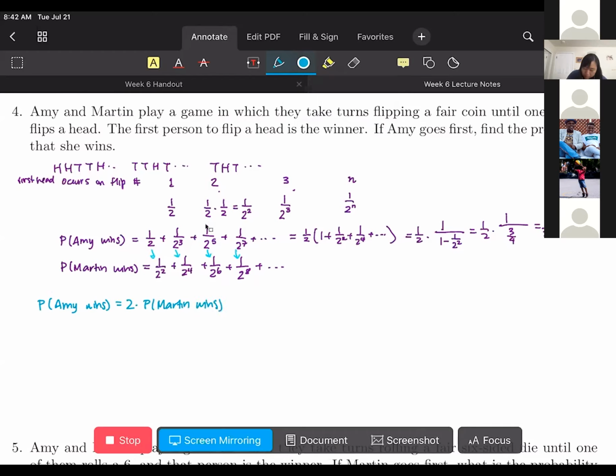Because if we multiply by 2 over here, then we get 1/2 plus 1/2 cubed plus 1/2 to the 7th, which is exactly the value up here.